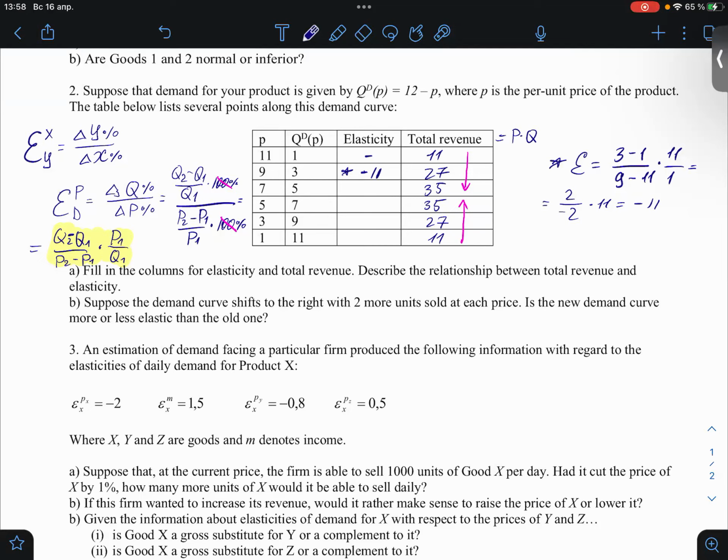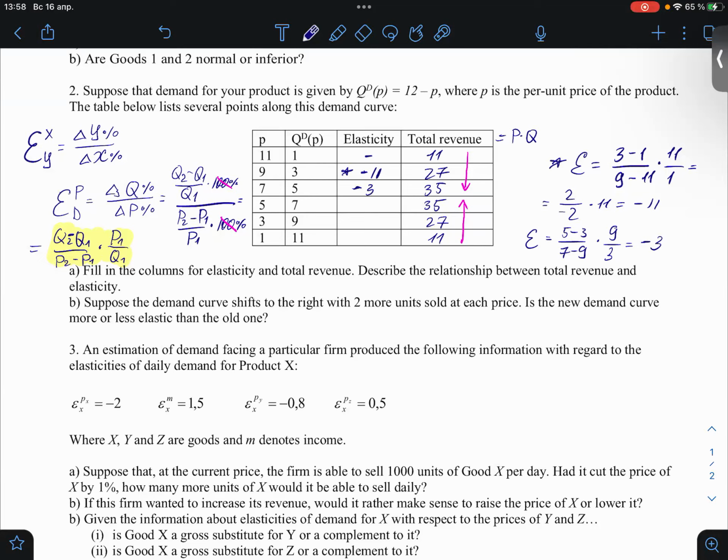So next row, elasticity will be 5 minus 3 over 7 minus 9 multiplied by, no, multiplied by the first price. The first price was 9 over the first quantity, which was 3. So here will be minus 3.